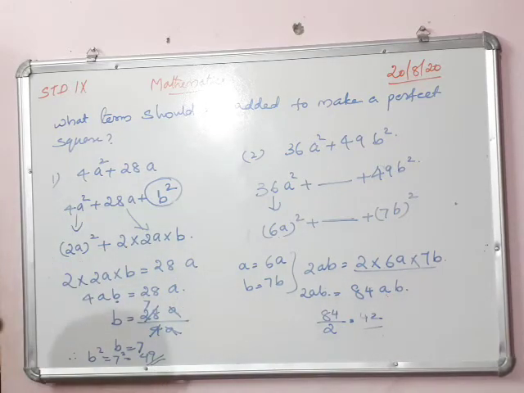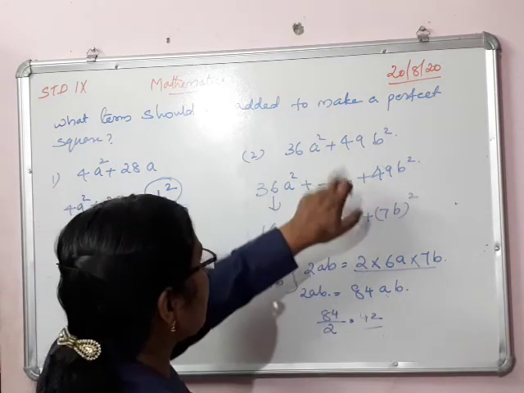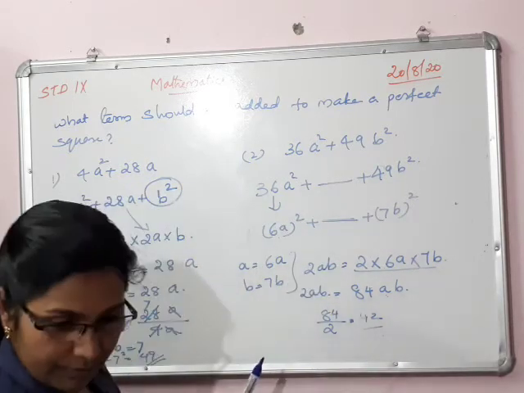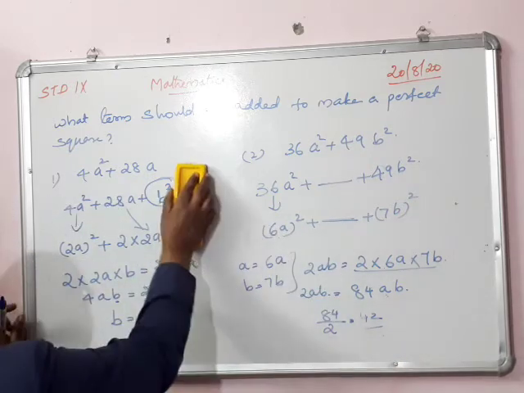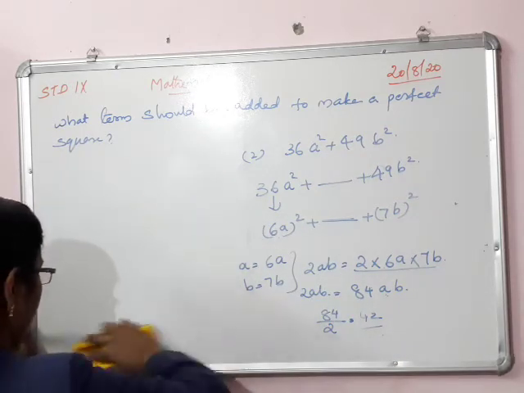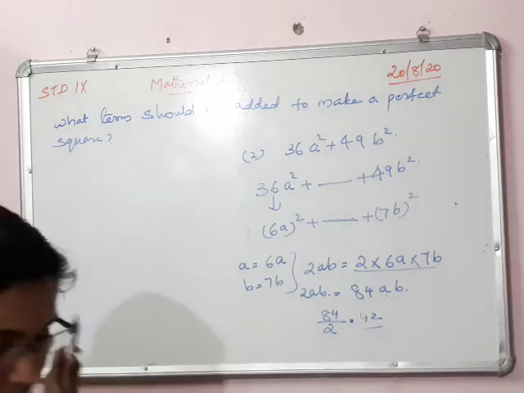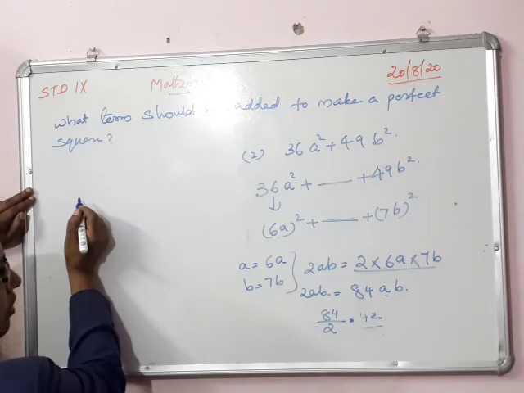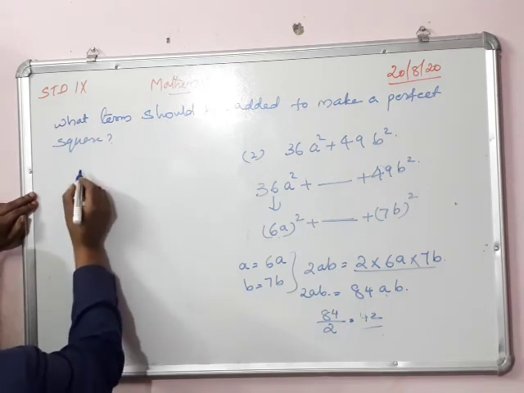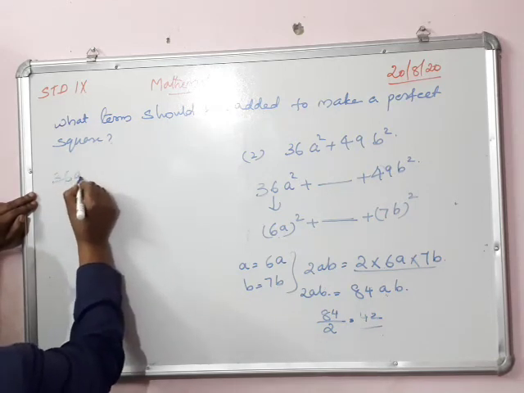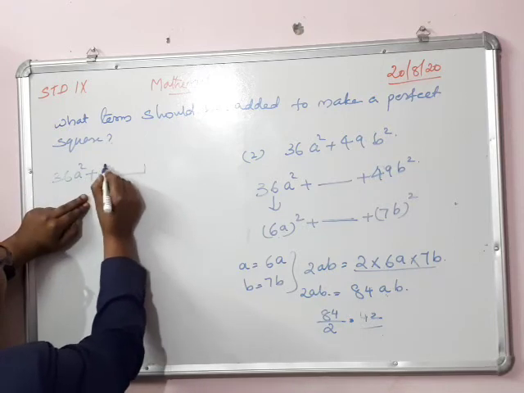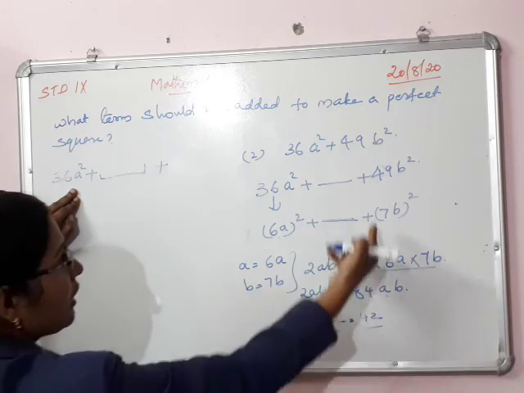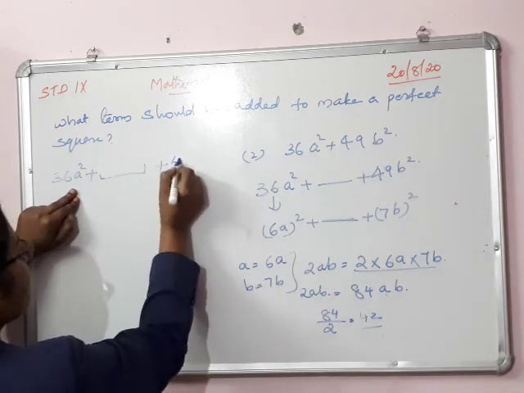So what will come for the middle term? 36a square plus 2ab, that is 2 into a into b, plus the last term 49b square.